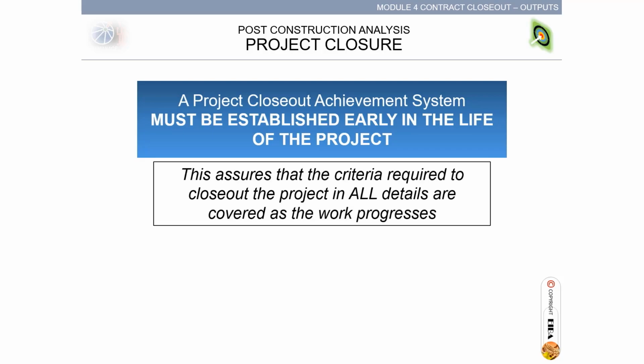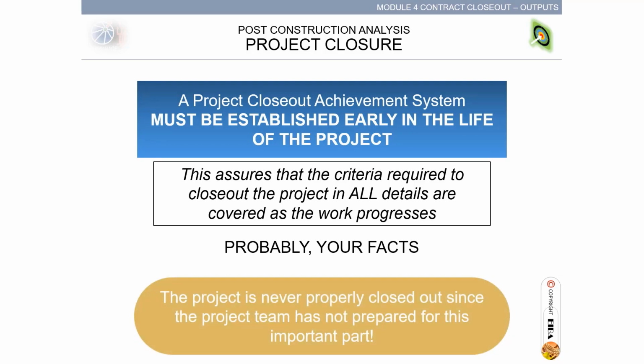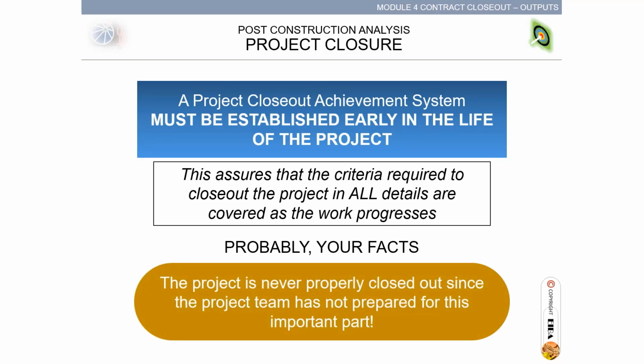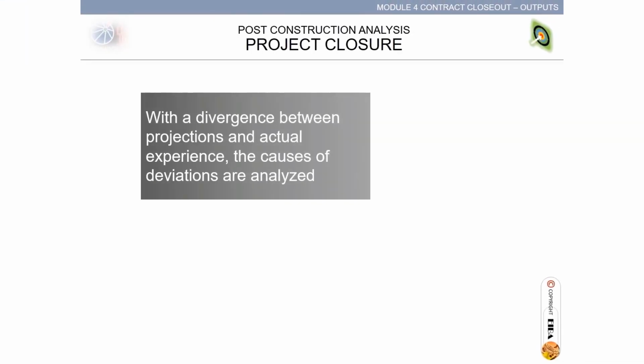This assures that the criteria required to close out the project in all details are covered as the work progresses. Probably, in fact, the project is never properly closed out since the project team has not prepared for this important part.